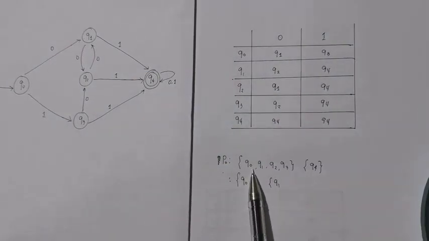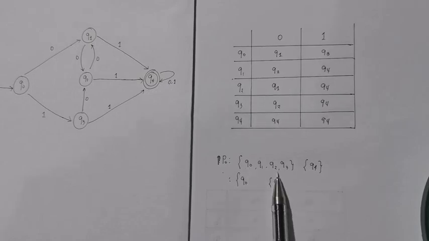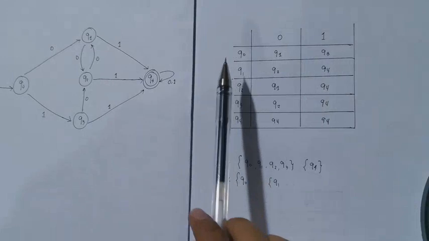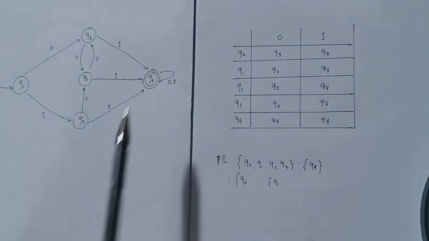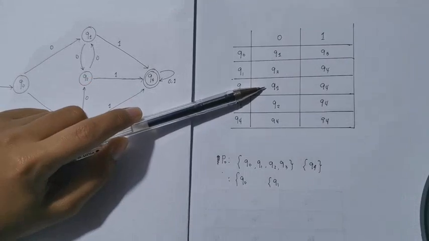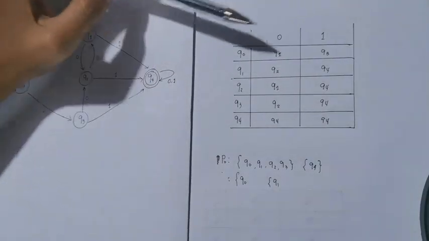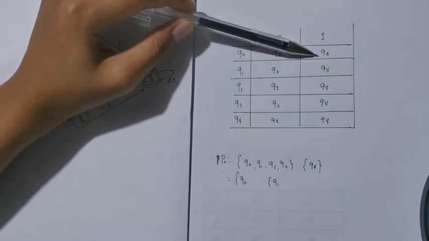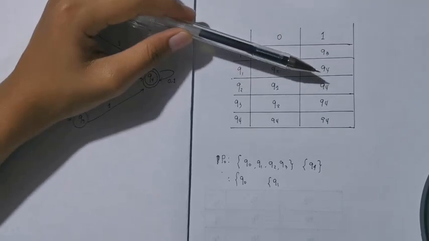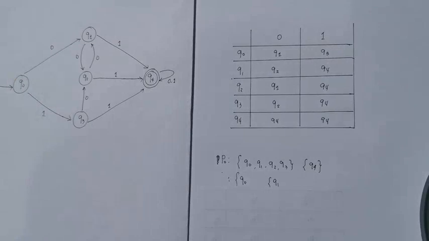After we compare Q sub 0 and Q sub 1, we will move on to Q sub 0 and Q sub 2. If we input 0, Q sub 0 goes to Q sub 1, while Q sub 2 goes to Q sub 1. If we input 1, Q sub 0 goes to Q sub 3, while Q sub 2 goes to Q sub 4.